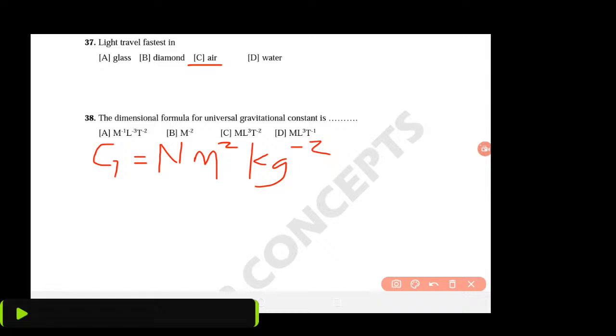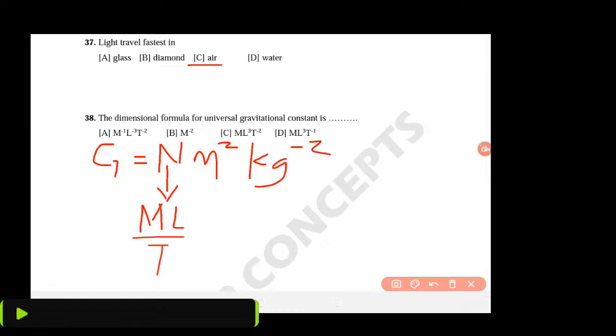And if that is the case, we can now get the dimension of all this. Dimension of Newton is capital letter M L T raised to power minus 2, and we can easily write that in this format to make our mathematics very simple.